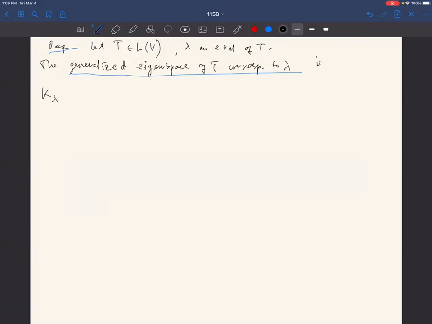In this case, we're going to use K, which is another letter. Nothing too special about it. K lambda is going to consist of all vectors X in V such that T minus lambda I, to some power P evaluated on X is 0, and this holds for some positive integer P.